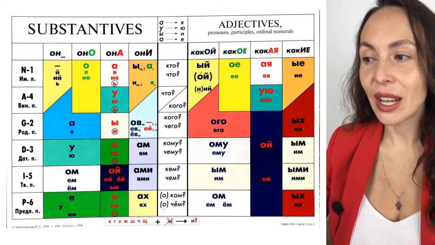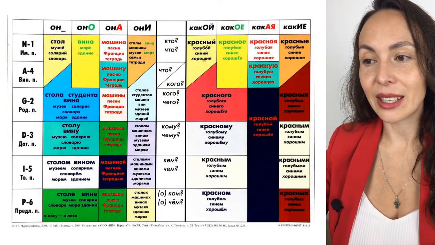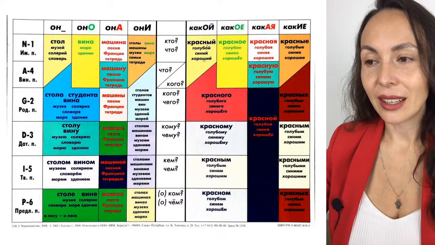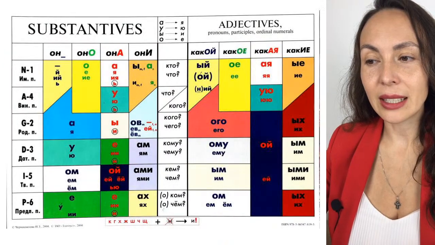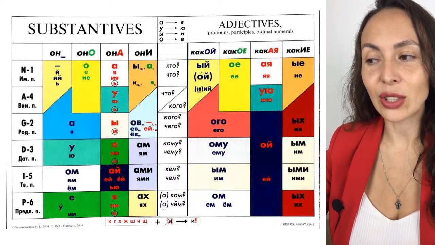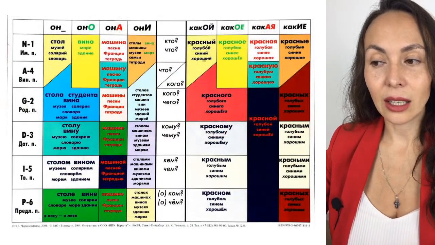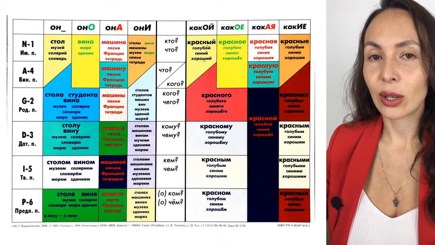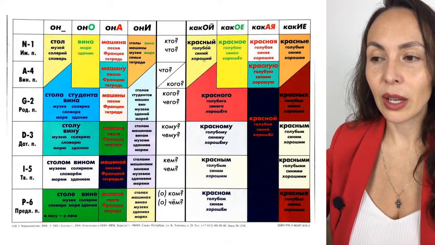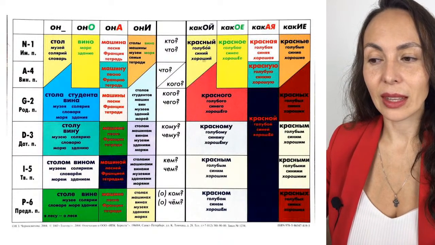And this chart has two sides. Okay, so again, only endings. Here you have all the endings that you need to learn, and you have typical words for each word type, for each ending.